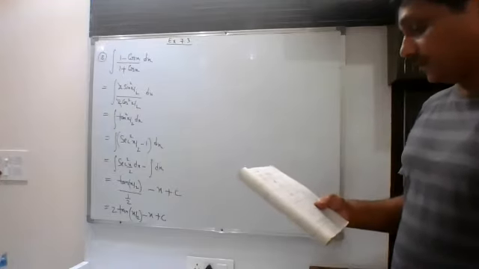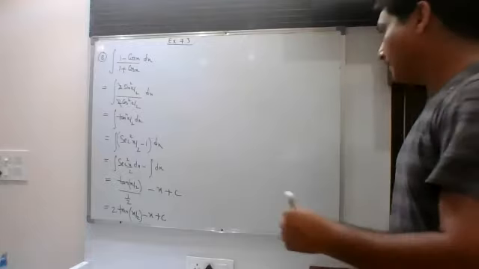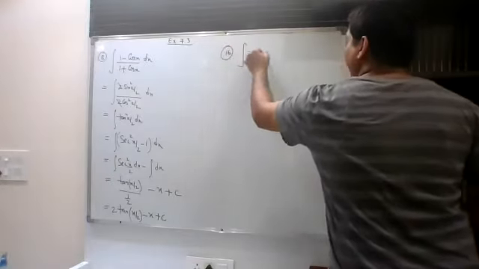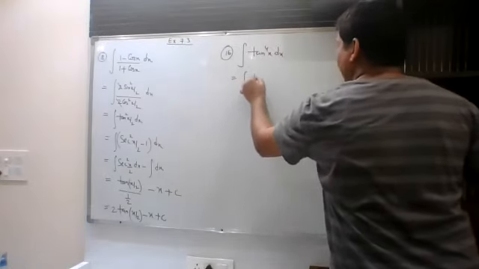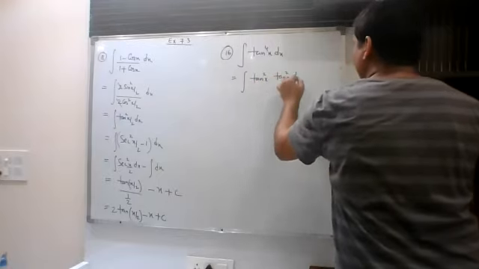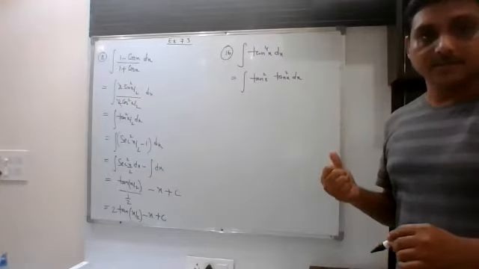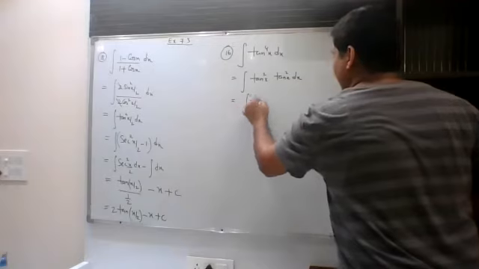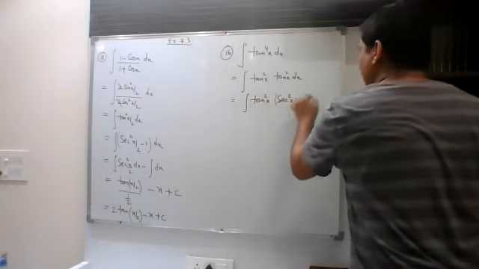So next we'll start with question number 16. Number 16 is how to integrate tan to the power 4x dx. First of all, you can write this as tan square x into tan square x. Now, one of the tan square x can be written as tan square x into sec square x minus 1.